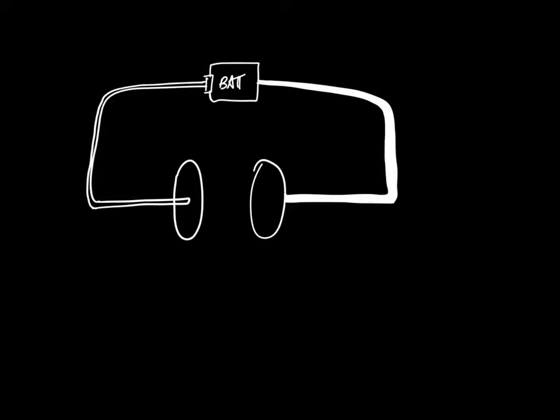And so this will be our wire, all right, connected to a battery. And we'll assume that current is flowing as such.